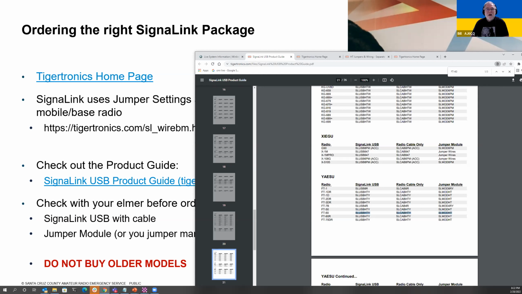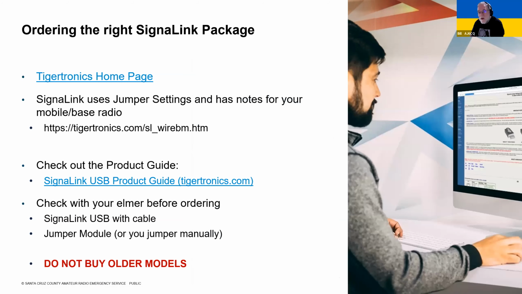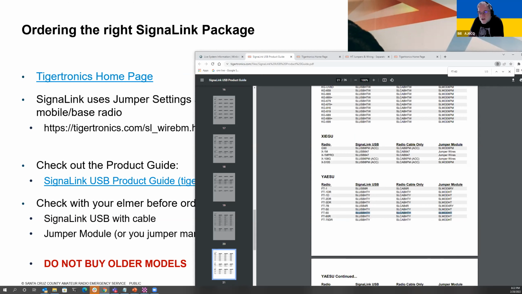So Bill has his hand up. Yeah, I wanted to comment on that. The actual Signal-Link unit that you get, the only difference between all those units in the left-hand column is the cable that it comes with, as near as I can tell. Maybe Sebastian knows something better. But if I see SLUSB HTY for the FT1DR, and just above that, the SLUSB 8R, the only difference is the cabling.